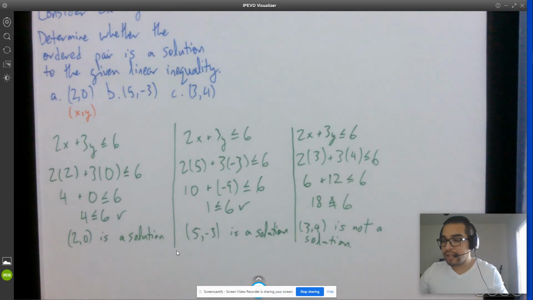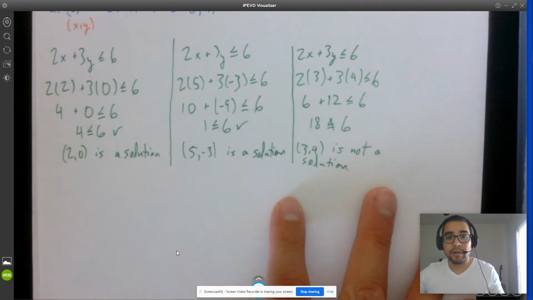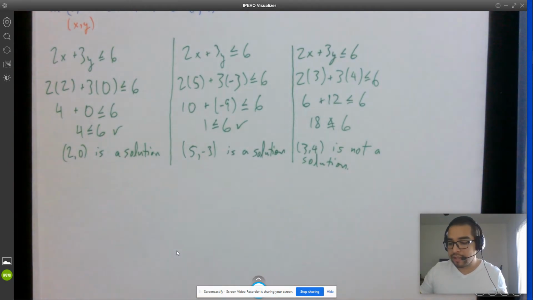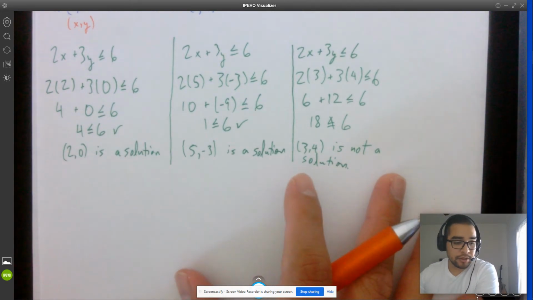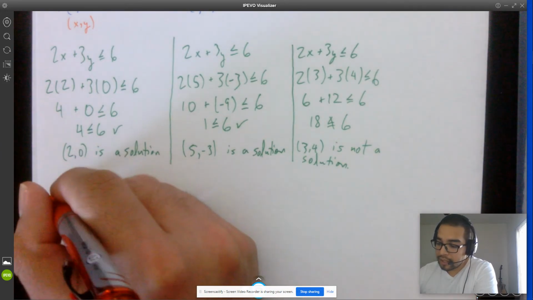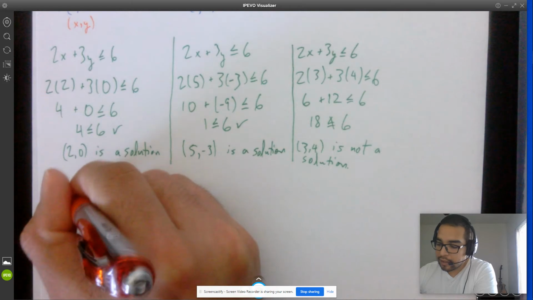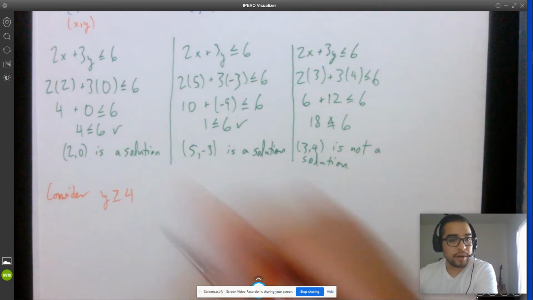Let's take a look at another one. Now, I know I said we're going to be looking at inequalities in two variables, but sometimes it may be just one, and this should look very familiar to you. So, for example, let's consider y is less than or equal to 4.